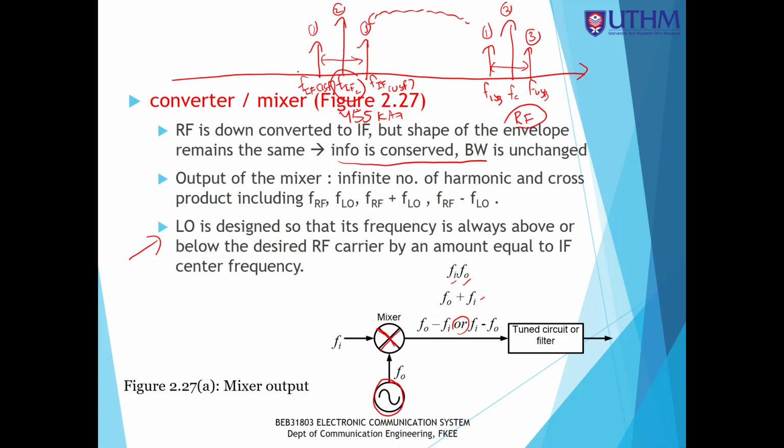For example, it will select this one in the IF section. And then here we can do the demodulation process to produce the original frequency message, FM. So the IF section will select only a single frequency channel. Then we can do the demodulation.